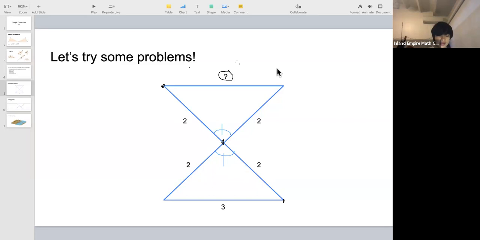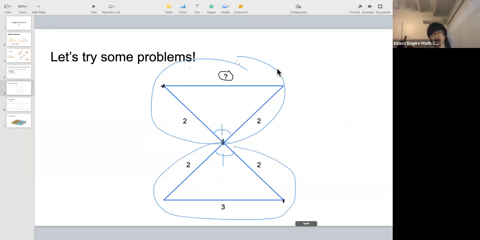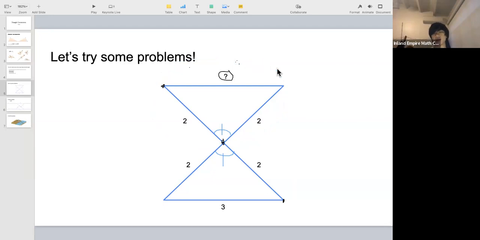The idea that I'm trying to talk about right now is that the top triangle right here and this bottom triangle are actually congruent. And does anyone know why they're congruent? What kind of properties do these triangles have that show they're congruent?